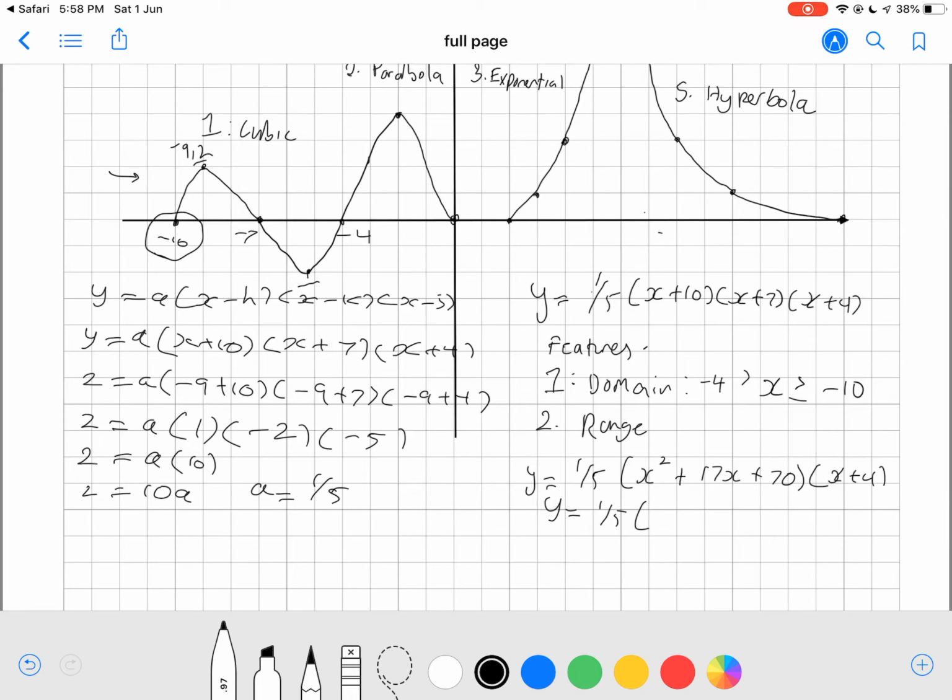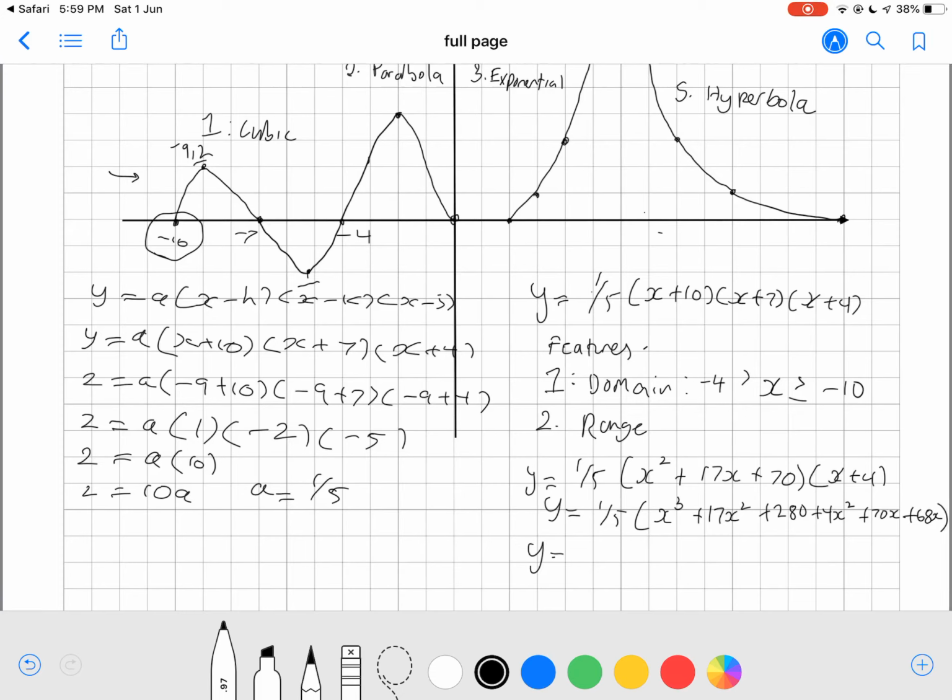So we have y equals 1/5 of x cubed plus 17x squared plus 280 plus 4x squared plus 70x plus 68x.